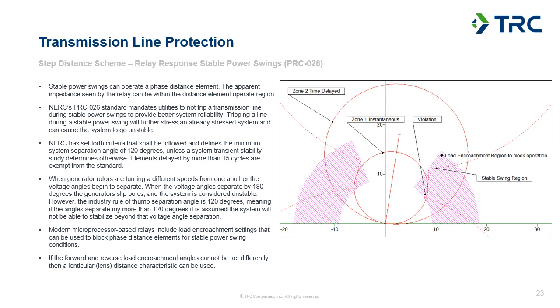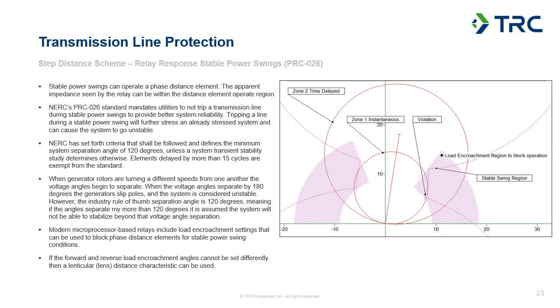be tripping your relays. These swings don't operate as fast as faults, but the criteria NERC provides gives you 15 cycles. So if, for example, your zone 2 timer is set higher than 15 cycles, you don't have to be concerned if the swing region comes into that zone 2 element.